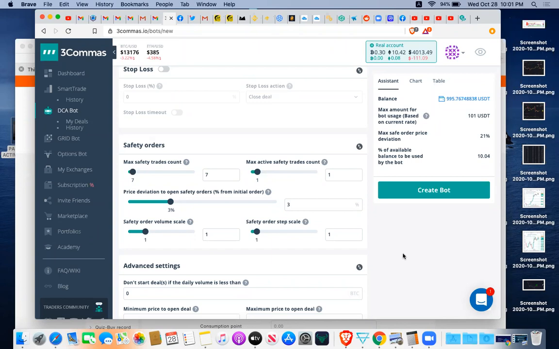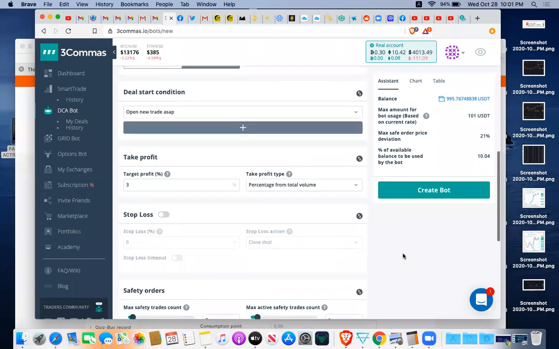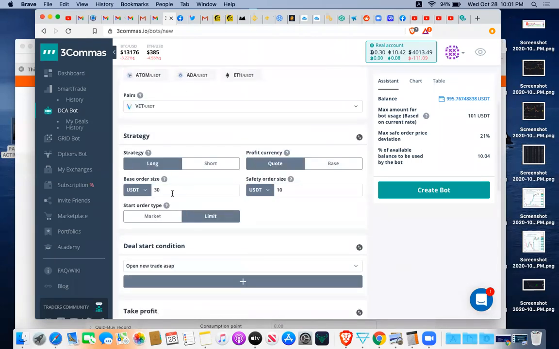So the bot is going to buy this $30 worth of VET for you, and immediately it buys it, it calculates 3% of your total money, which is $30. So 3% of $30, I don't know how much it's going to be, but 3% of that is set to be taken as profit.